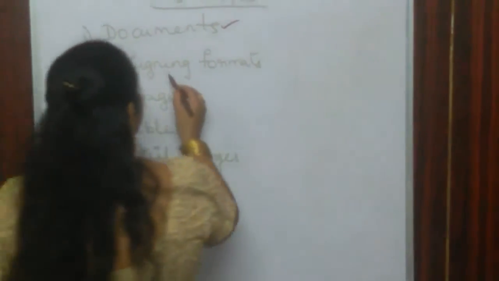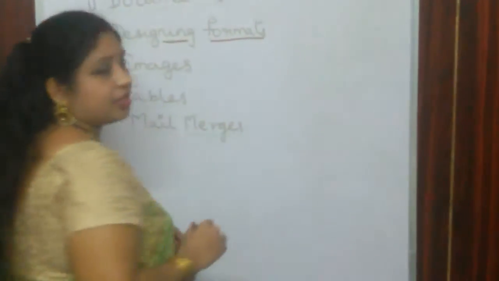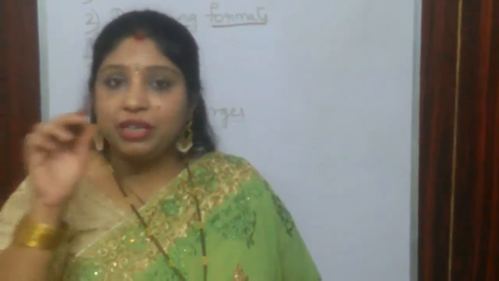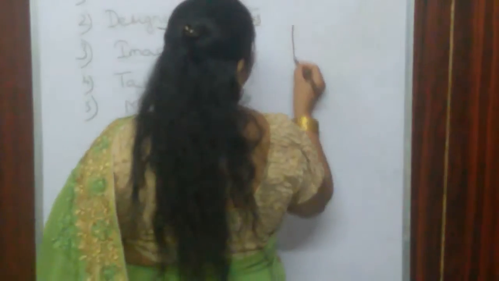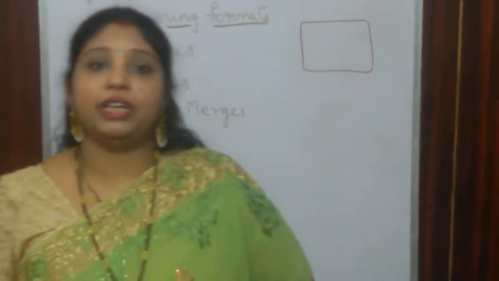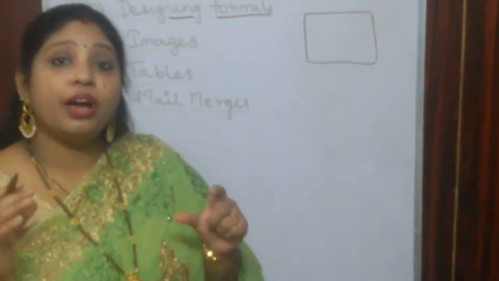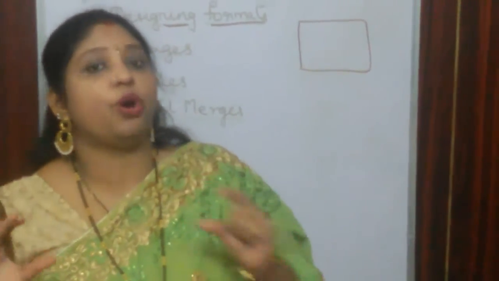Now this is designing formats. What is designing formats? As I said in my previous video, in Part 1, I explained about documents. In that we will be creating documents like this, that means a page. For this page, you have to do some formatting.